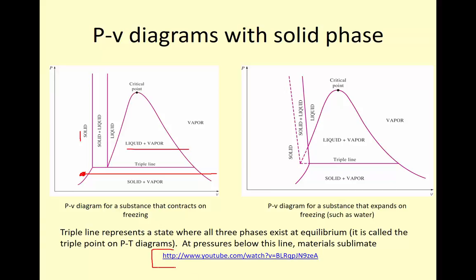So if you want to see kind of a cool video, this is also included in the link that I sent in the email. It shows all three substances at the same state. So you have a solid and a liquid, boiling, and vapor. It's kind of weird, and so the process that it undergoes to get there has to pass through or along the triple line in order to have all three substances present at once in the same material.